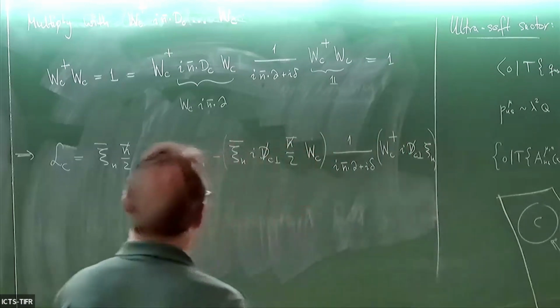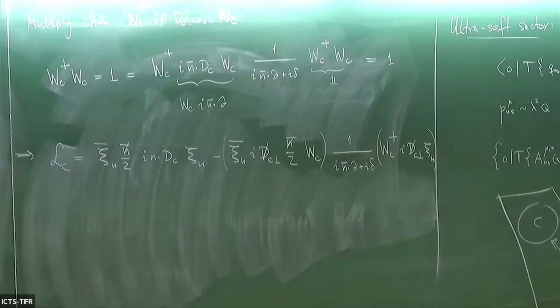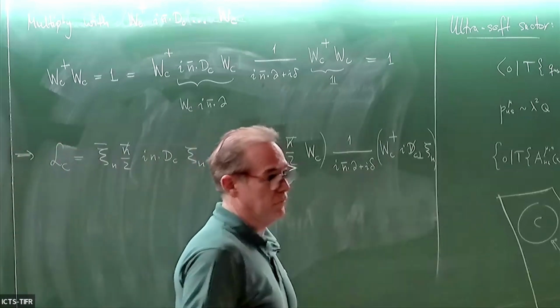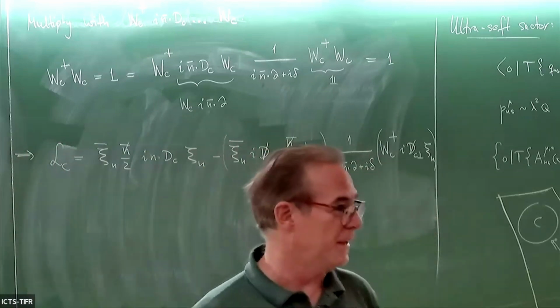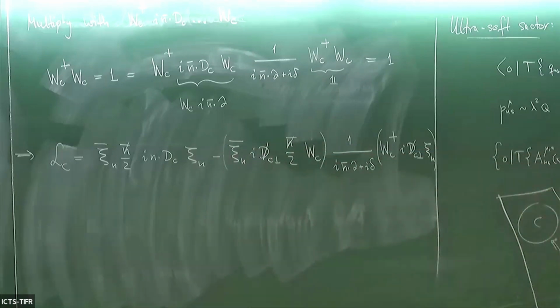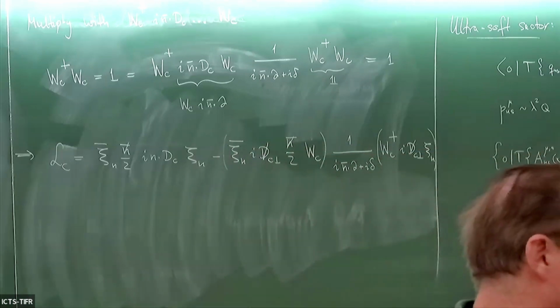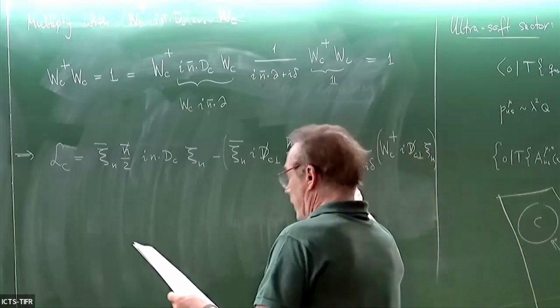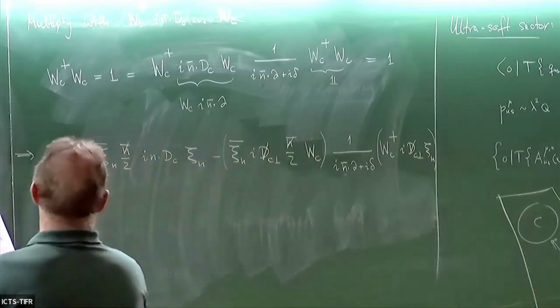So now it looks more complicated because all of a sudden these Wilson lines entered, but the main difference is that this inverse covariant derivative is now turned into an ordinary inverse derivative, and you told me before that an inverse derivative is an integral, and that's exactly what it is. Now it is an integral. It is a line integral along n bar, and that's the last step now.